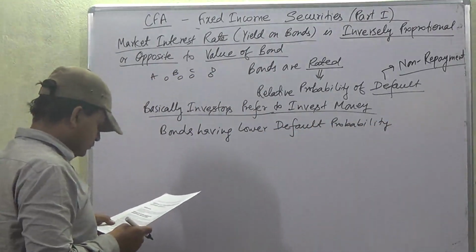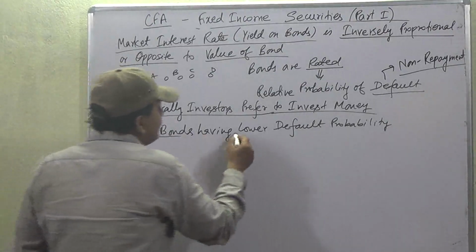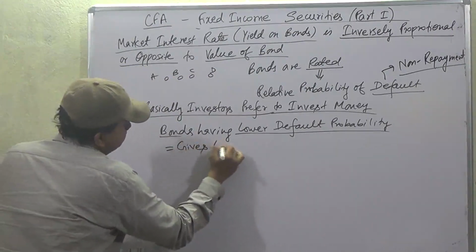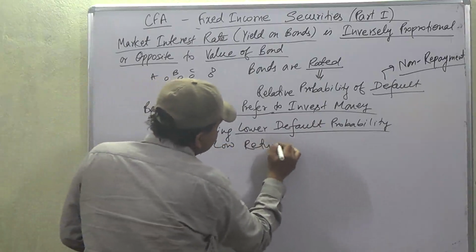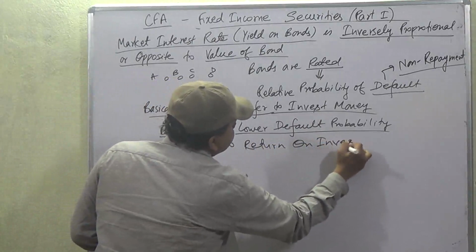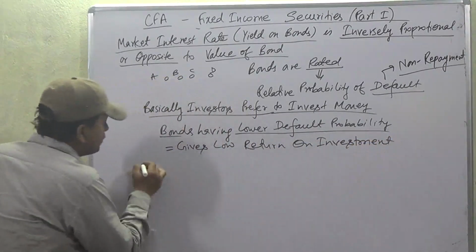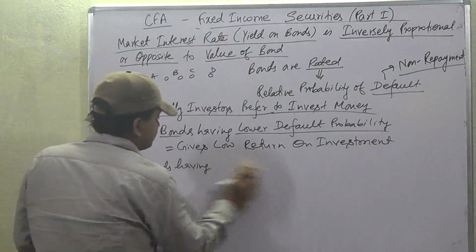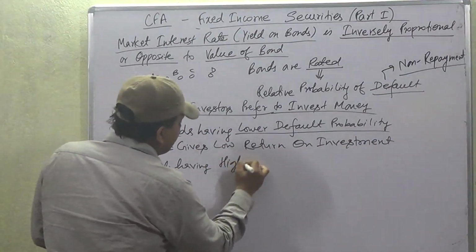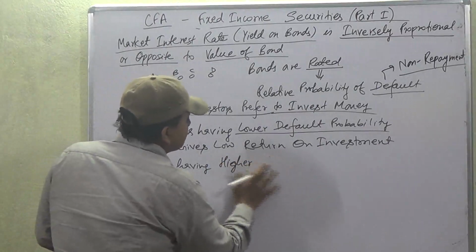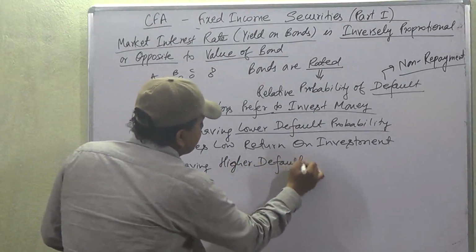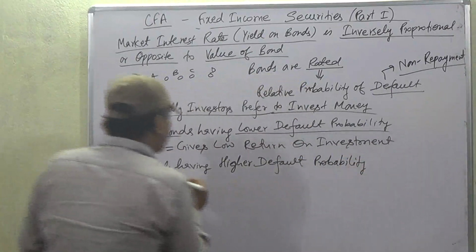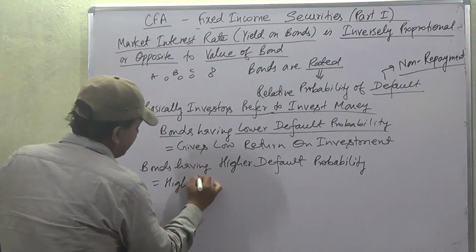Those bonds which have a lower default probability basically give a low return on investment, and those bonds having a higher default probability will give you a high return on investment.